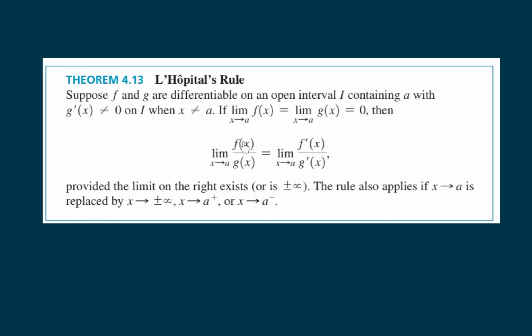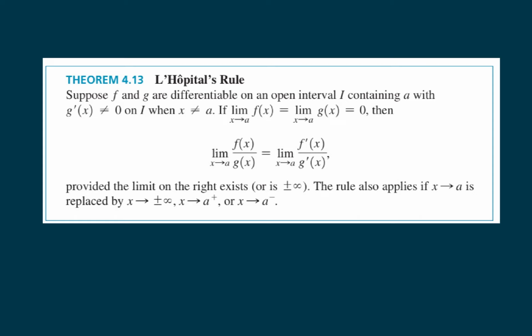Instead of calculating this limit, you can calculate the same limit when x goes to a, but of f prime of x divided by g prime of x. Calculating this limit is equivalent to calculating the original limit, only that this limit will appear to be easier to find.